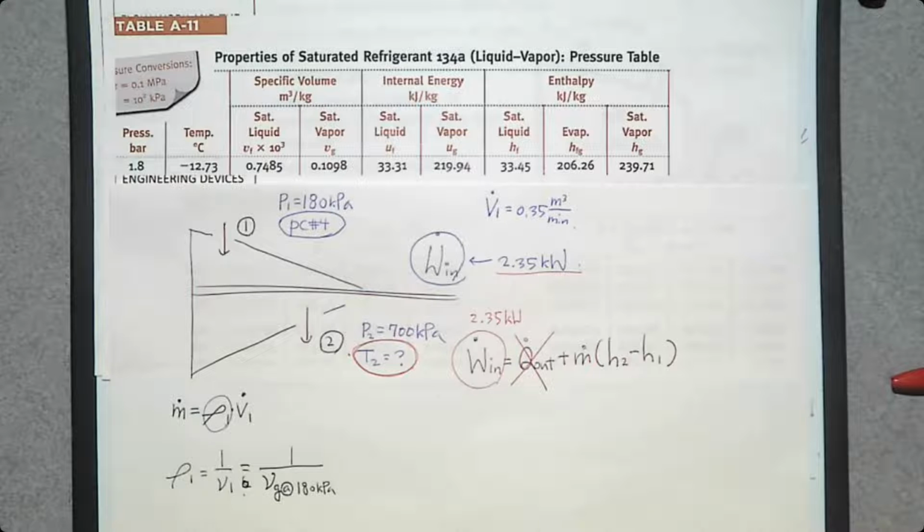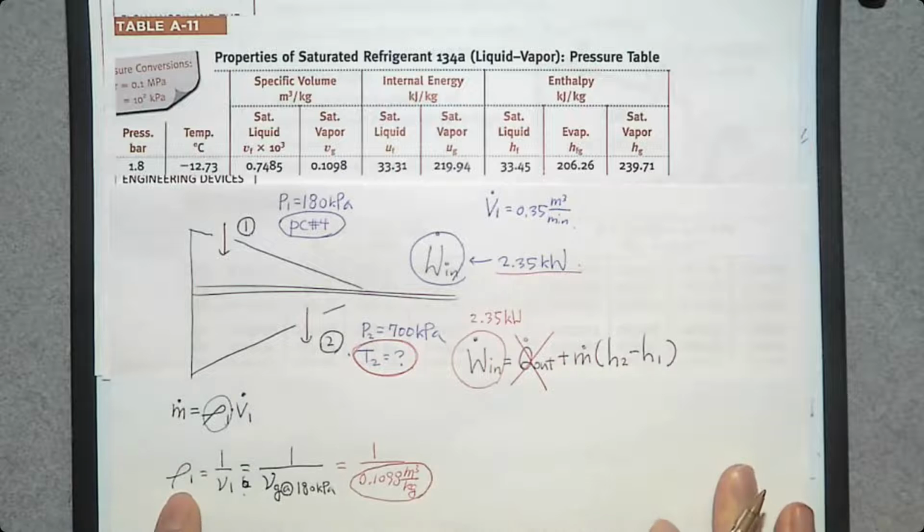And there is 180 kilopascal, because 1 bar is 100 kilopascal, so 180 kilopascal is 1.8 bar. And what is vg? Right here, 0.1098. So 1 over 0.1098 cubic meters per kilogram. Now we get the density.